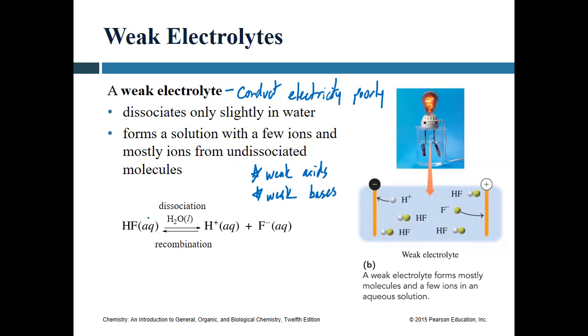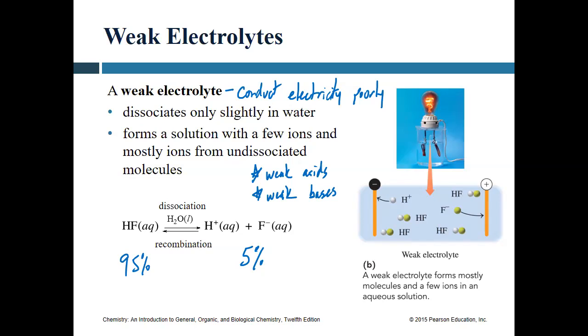When this equilibrium settles into a normal position, we'll see that only about 5% of the molecules actually break apart into ions. The other 95% stay in this dissolved but molecular state.